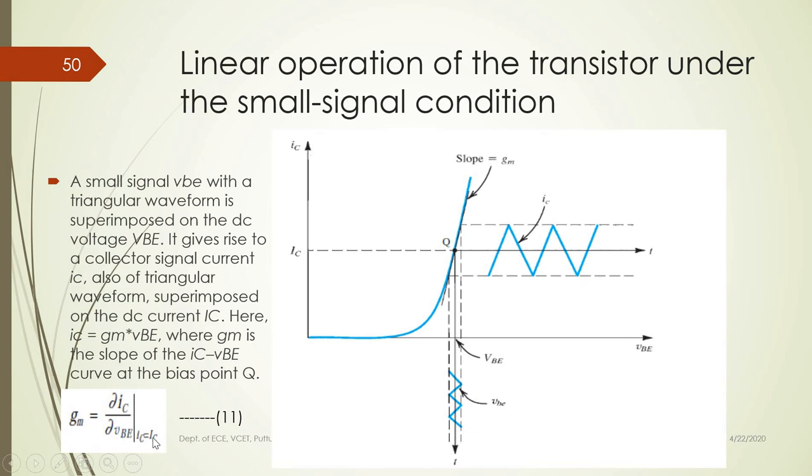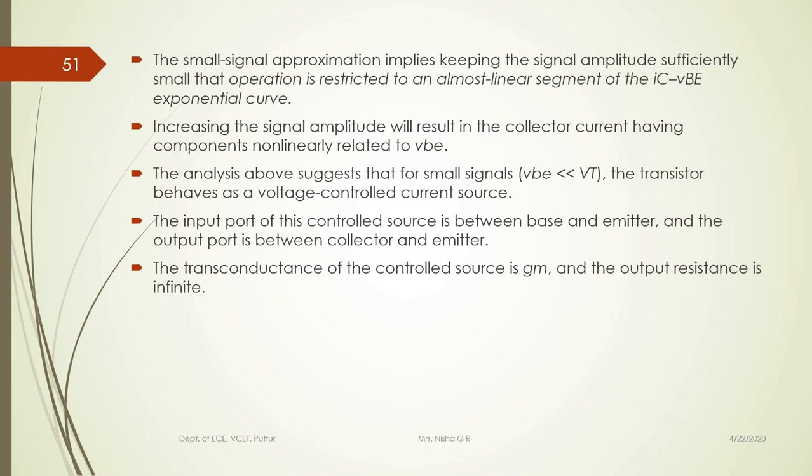The AC current is equal to the DC current at this point. The transconductance is defined as delta IC by delta VBE: a very small change in IC divided by a very small change in VBE. So the small signal approximation implies keeping the signal amplitude sufficiently small that operation is restricted to an almost linear segment of the IC versus VBE exponential curve.